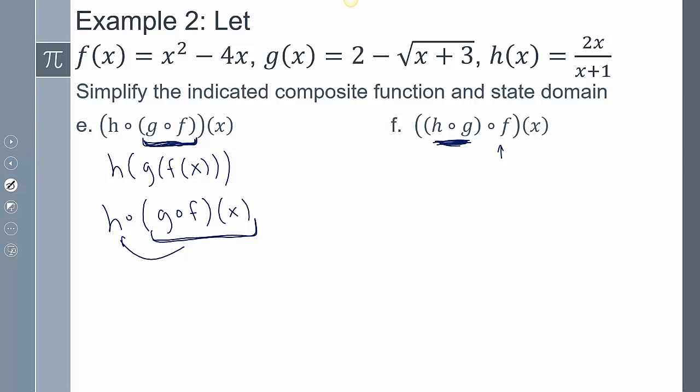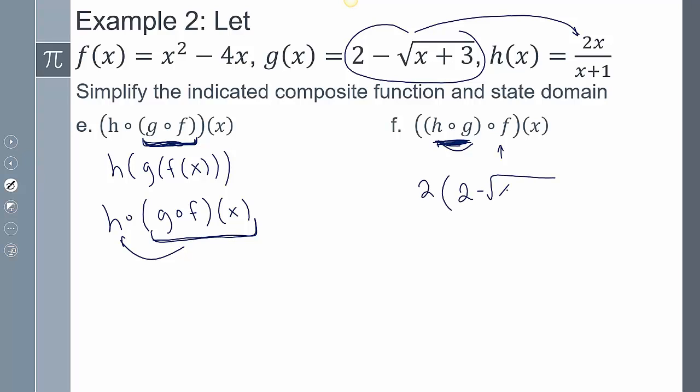So I take my g and plug it into my h function. By doing that, I'm going to get 2 times 2 minus the square root of x plus 3 over 2 minus the square root of x plus 3 plus 1. Right? So I plug that in.